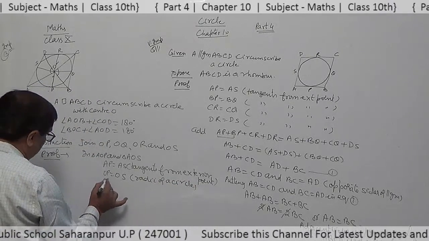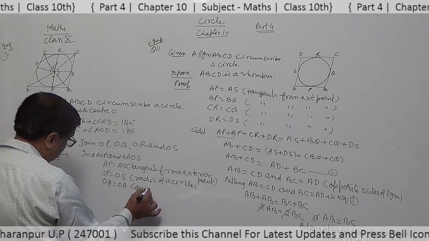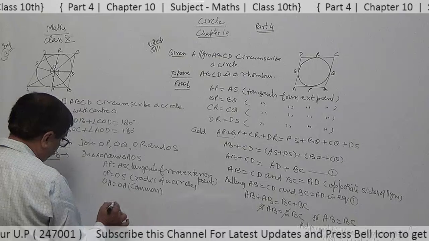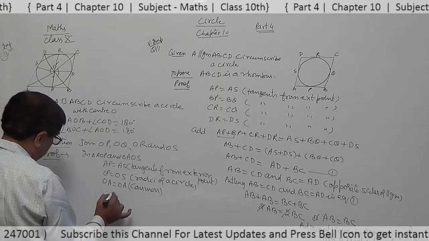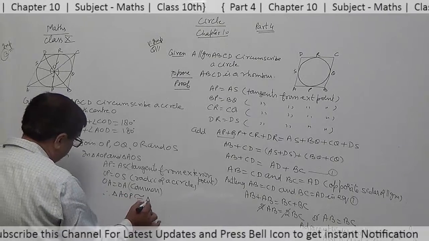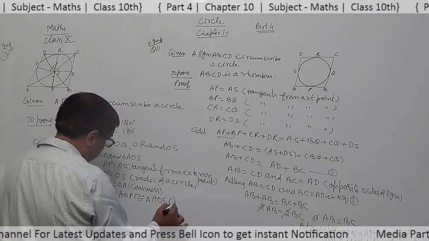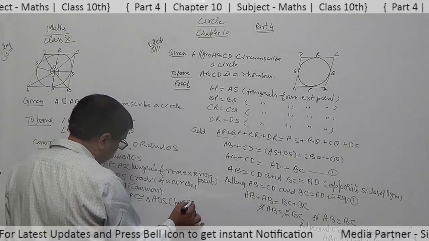OA is common. Therefore, triangle AOP is congruent to triangle AOS by SSS property.